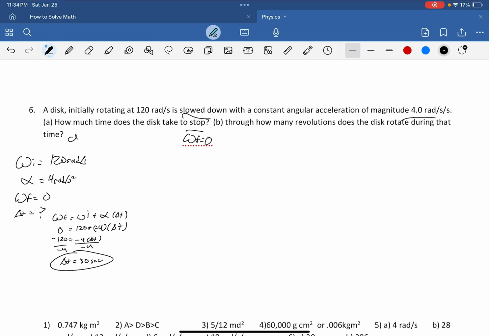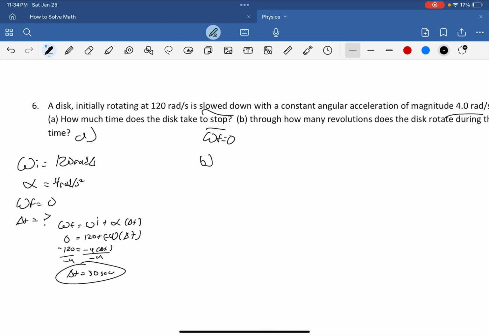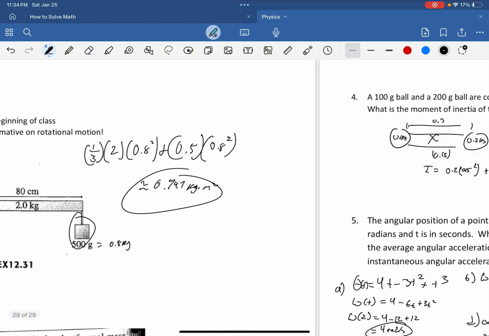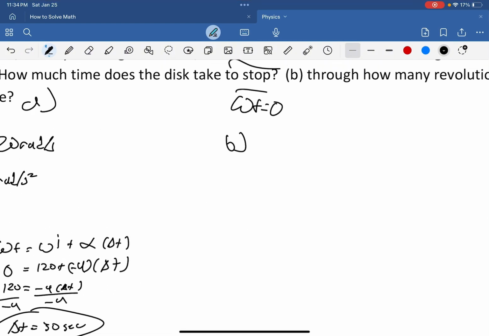And that's part A. Now, part B: through how many revolutions does the disk rotate during that time? All right. Revolutions during that time.